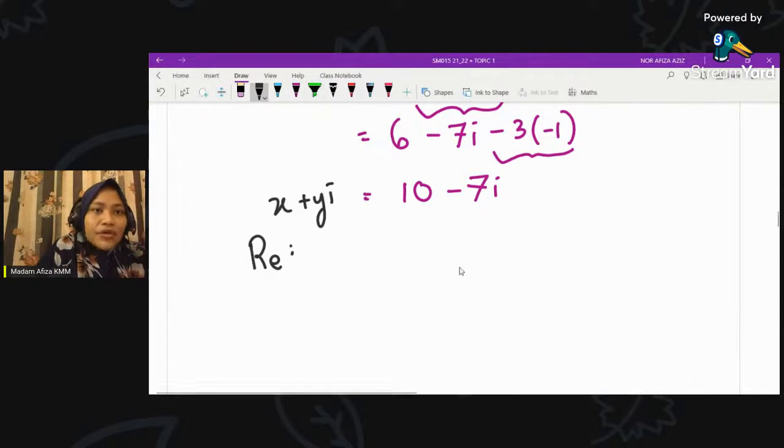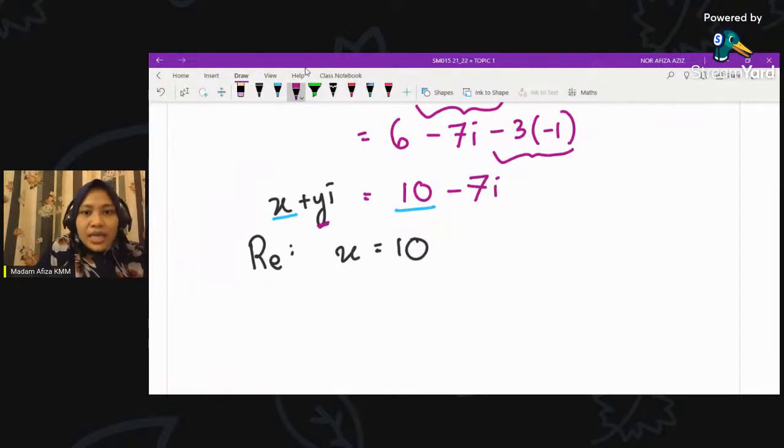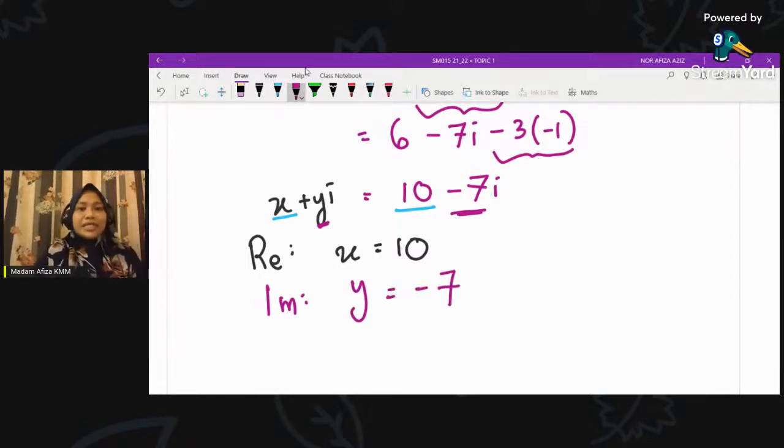For the real part, you will compare x with 9, so directly you get the answer x equals to 9. And for the imaginary part, we have y and negative 7, so y equals to negative 7. Hence, this is the solution for x and y.